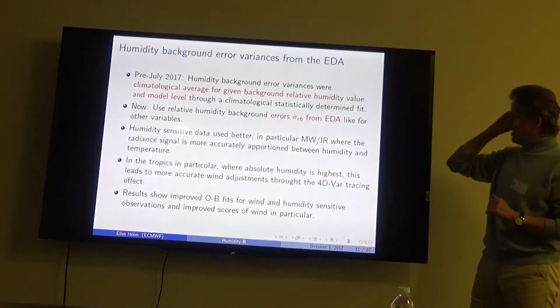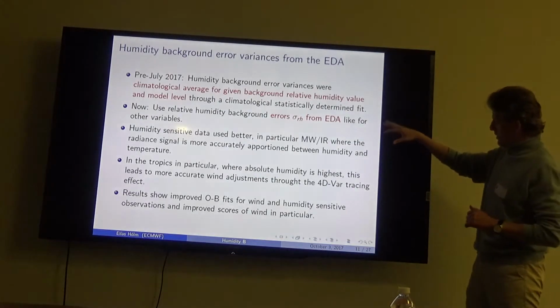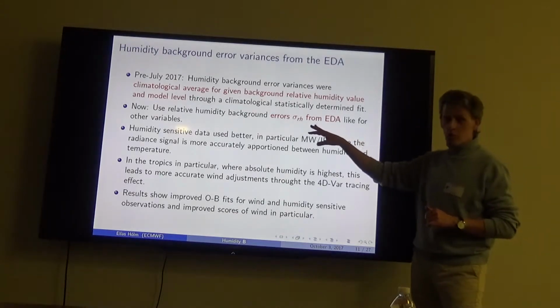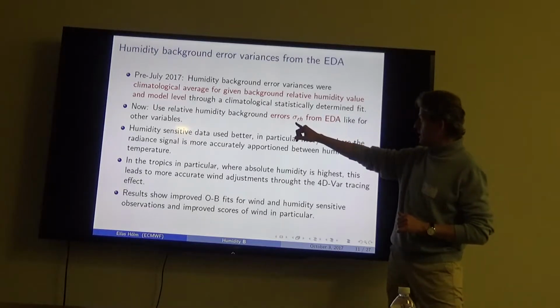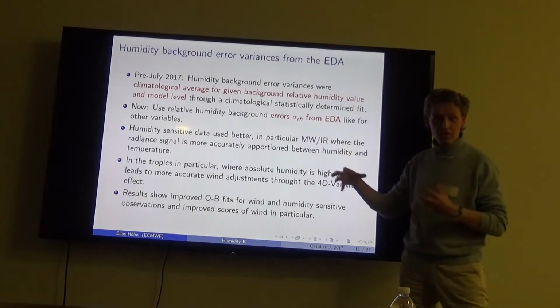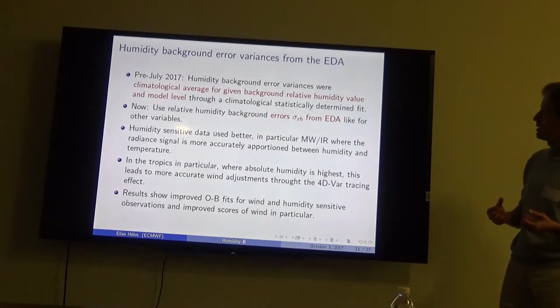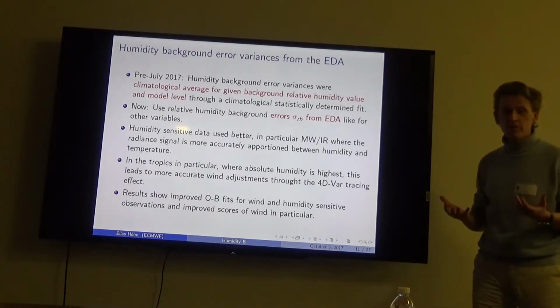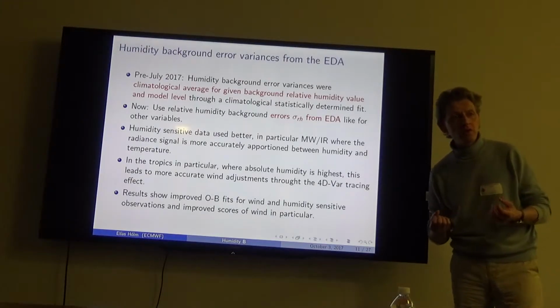But from July, we have now brought humidity to the 21st century as well, and we are taking the variances straight from the EDA. And this seems to work surprisingly well. We see that the microwave and infrared data get used better. All humidity data get used better.